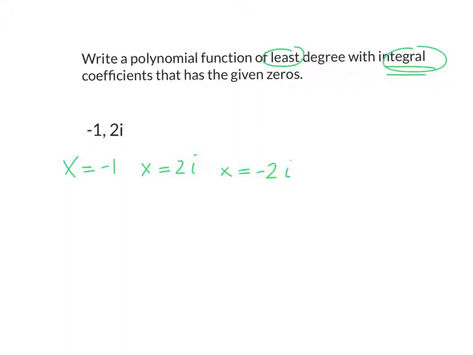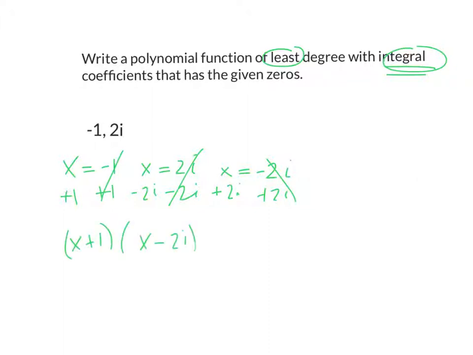And they always work in pairs, just like the example I showed you in the first slide. So what I'm going to do to get my polynomial is add 1, subtract 2i, and add 2i. I end up getting x plus 1 in my first set of parentheses, x minus 2i in my second set, and x plus 2i in my third.